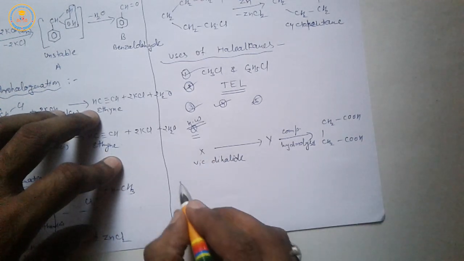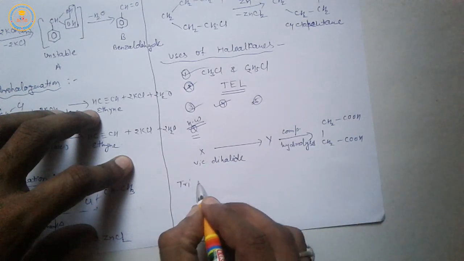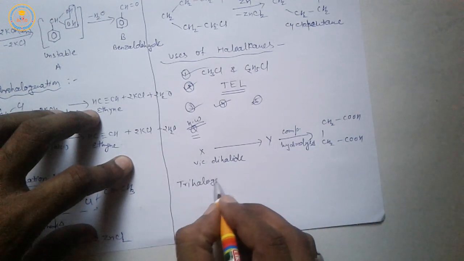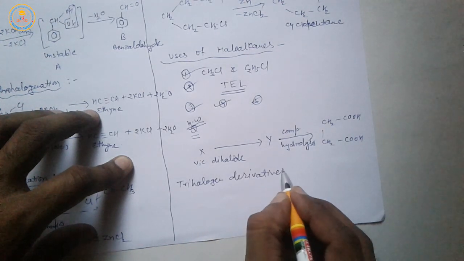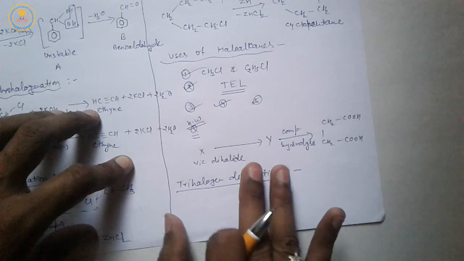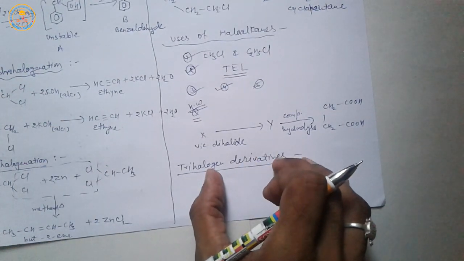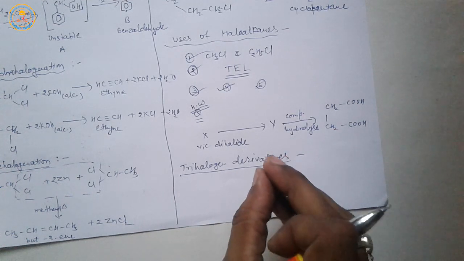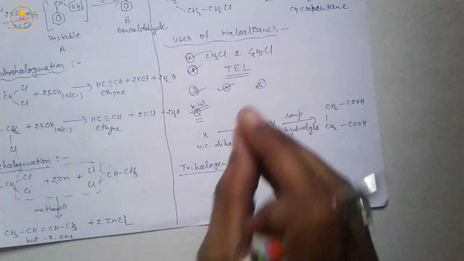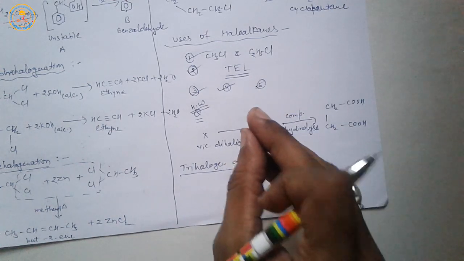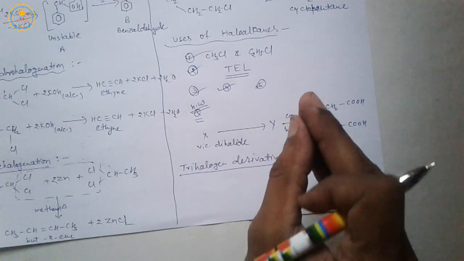Very important. Now next, trihalogen derivatives. When 3 hydrogen atoms of an alkane are replaced by 3 halogen atoms, then the obtained compound is known as a trihalogen derivative.